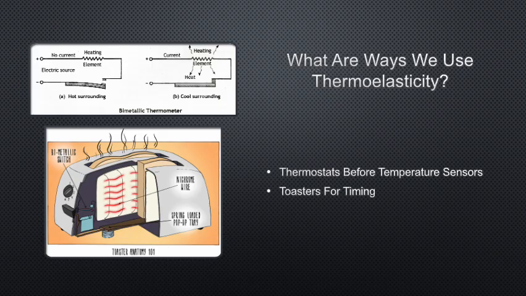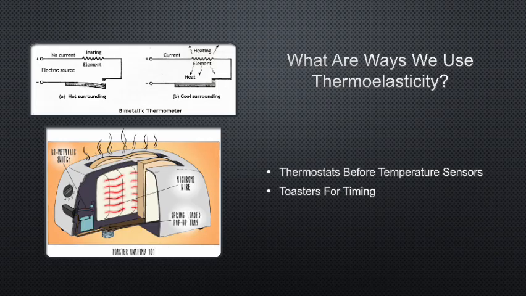One thing is you can think about thermostats, before there were temperature sensors that could read the temperature in the air. We basically used it as a way to tell your heater or AC to turn on. As you can see in this image in the top left, that's the use of thermoelasticity, and we'll get into how that is done through bimetallic strips.